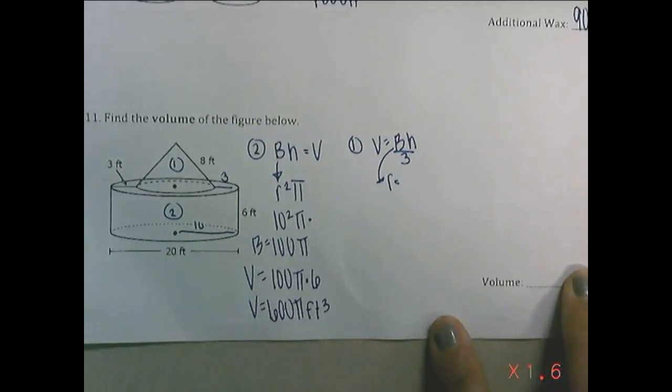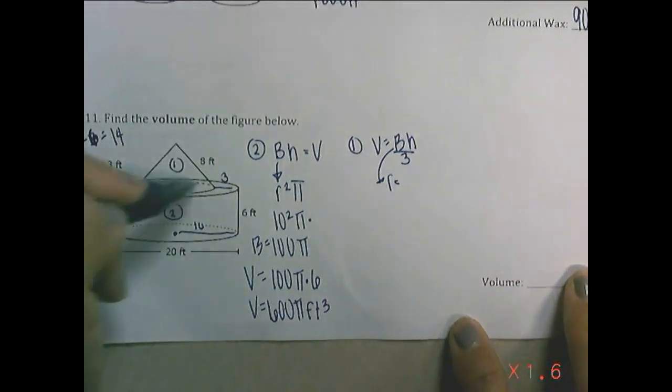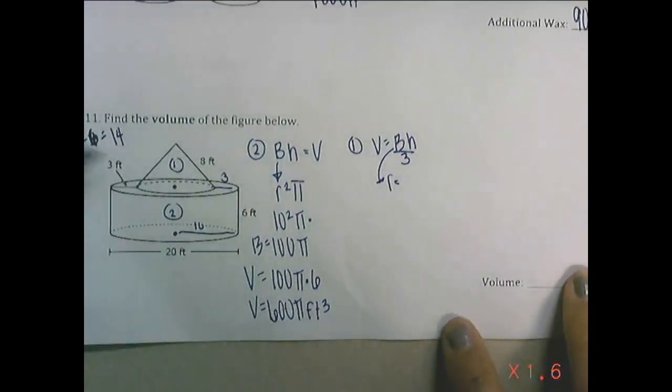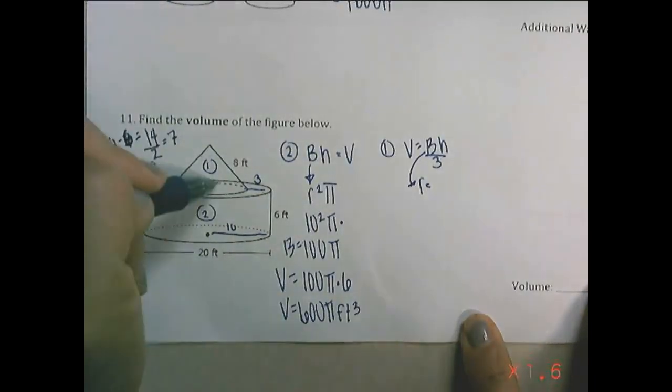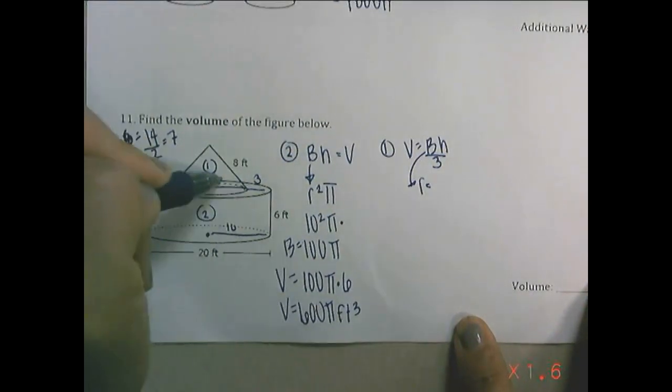So I'm going to do 20 minus 6, sorry, and I'm going to get 14. From here to here is 14. Your diameter would be 14. You need to divide this 14 by 2, and that would give you 7. So your radius, you now know, is 7.